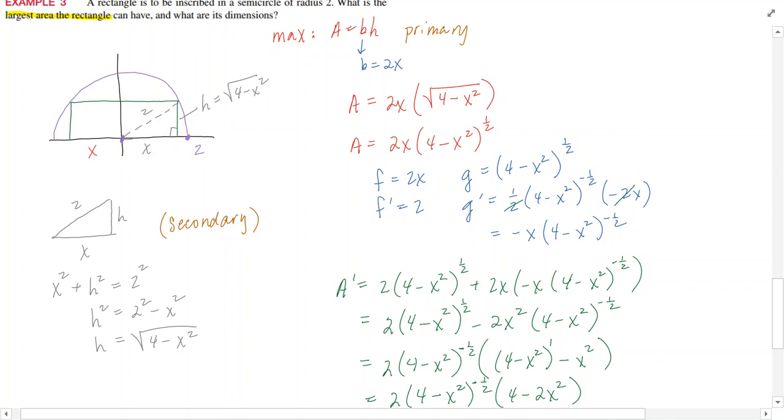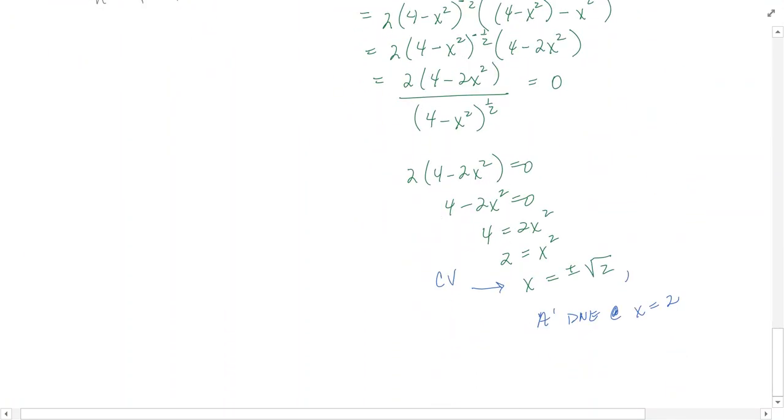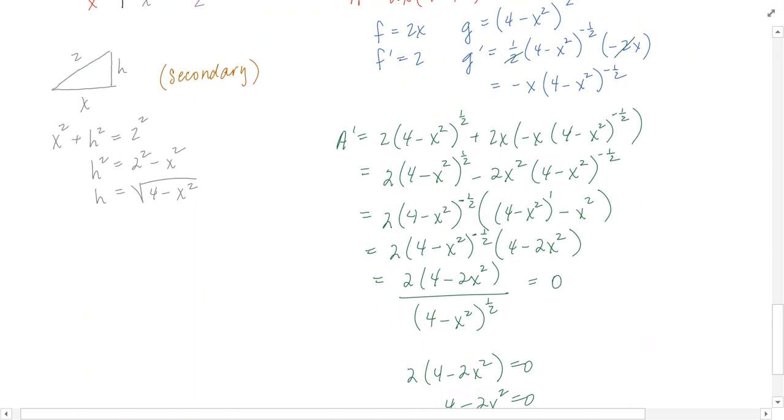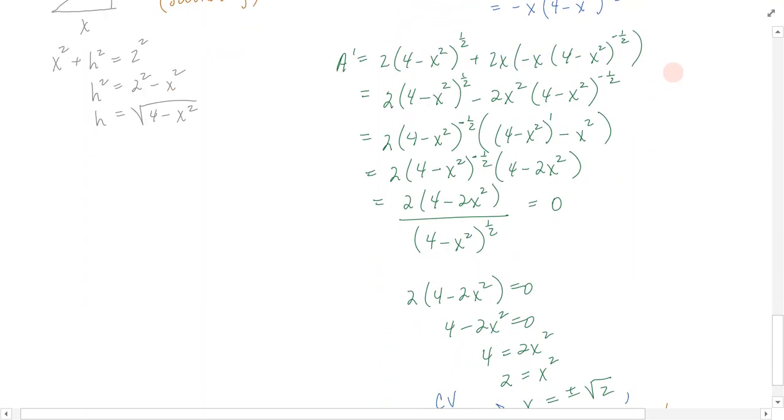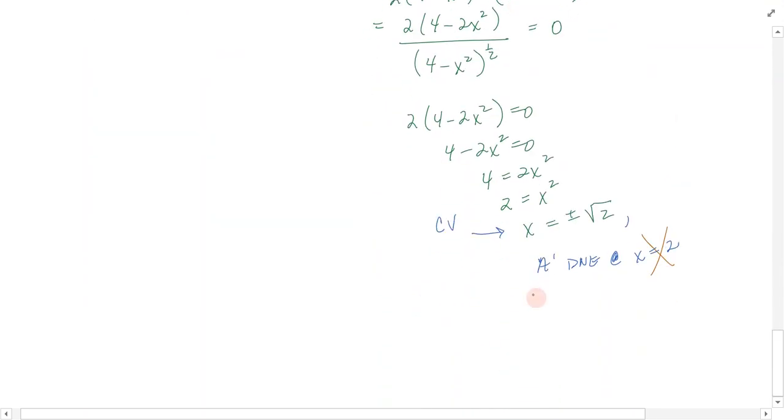So 2 isn't going to work; I'm going to get rid of the 2. It's not a critical value in my domain. Now, what about the other two critical values, plus or minus square root of 2? Remember, we're talking about a dimension, so I can't have a negative dimension. So the only critical value I'm looking at is x equal to the square root of 2. The negative square root of 2 doesn't count.